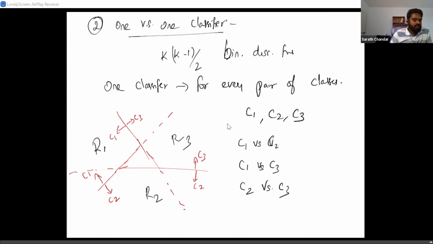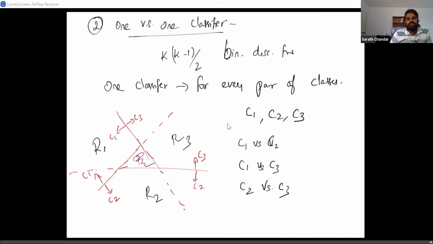Now the problem with this type of classifier is the middle region. This middle region is classified from this side as C2, from this side as C1, and from this side as C3. So it's classified as all the three. This is the region of confusion for the one versus one classifier.